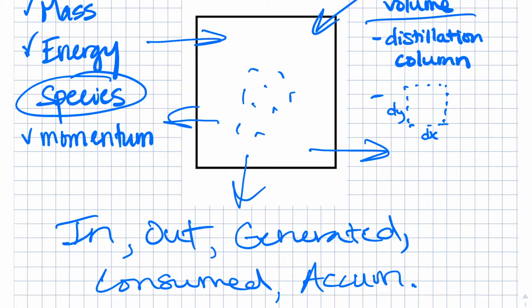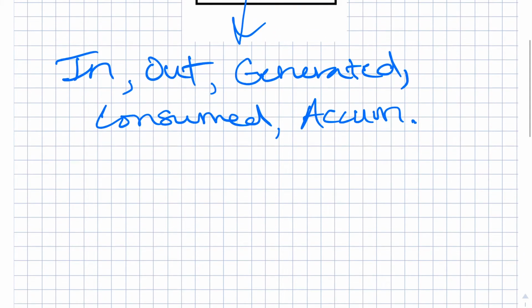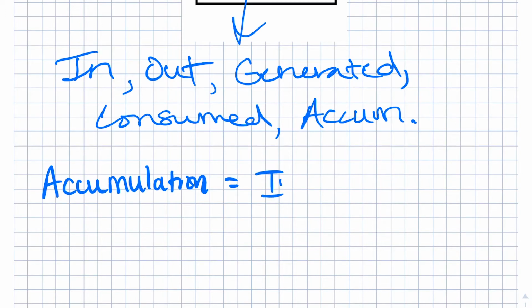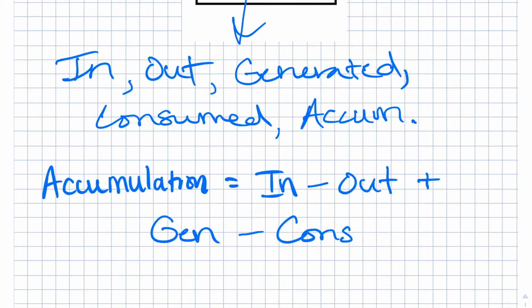So there's a way that we can put all of this together into one equation. We can say that accumulation equals everything coming in minus everything going out, plus everything that's being generated inside of the control volume minus everything that's being consumed inside of the control volume.